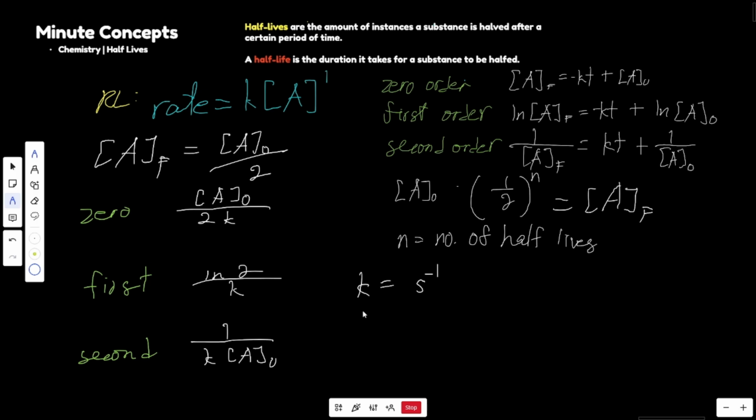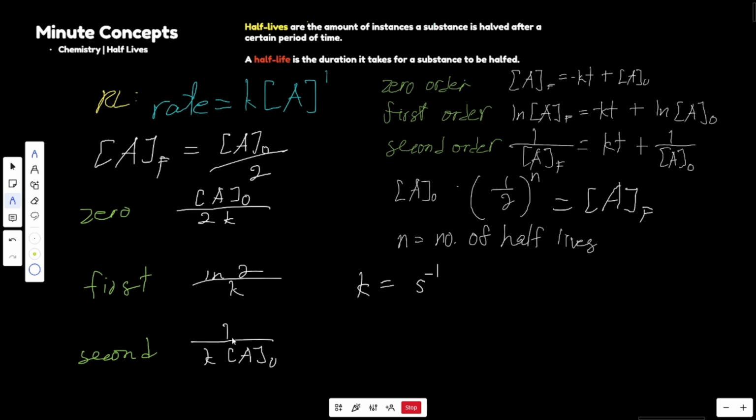Now, how about for our zero order? Also, an implication of that for first order reactions is that regardless of the concentration, it will always be the same for any substance. So for any concentration of any substance, the half-life would be the same.